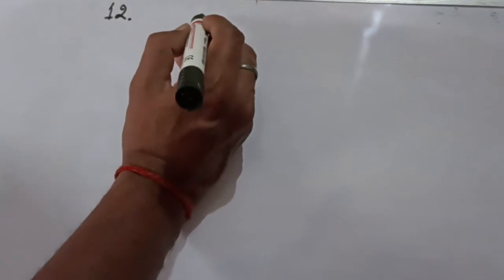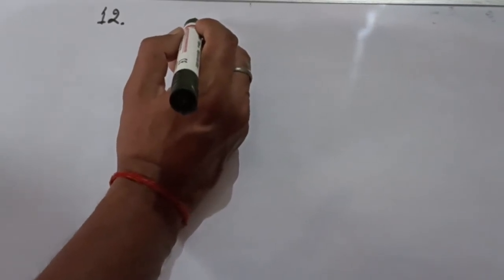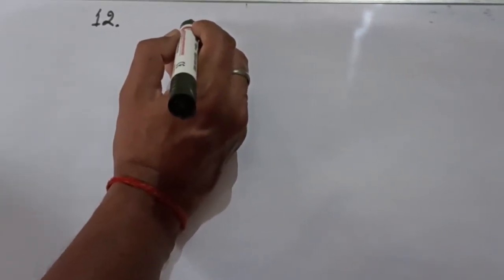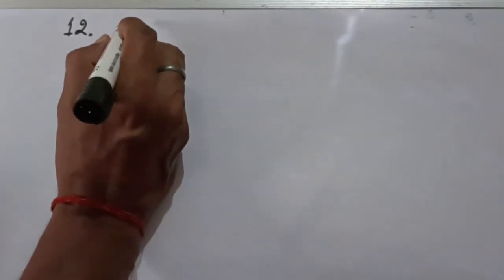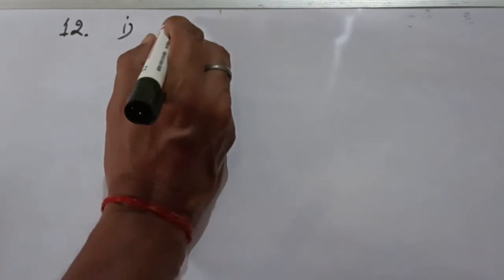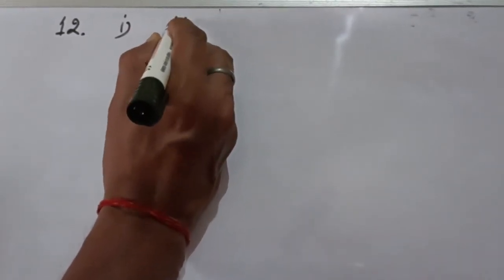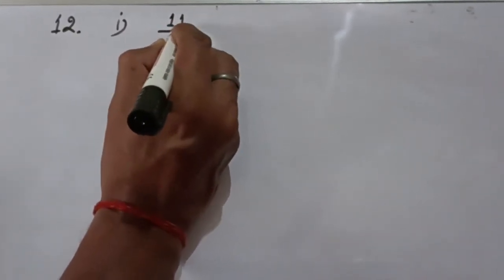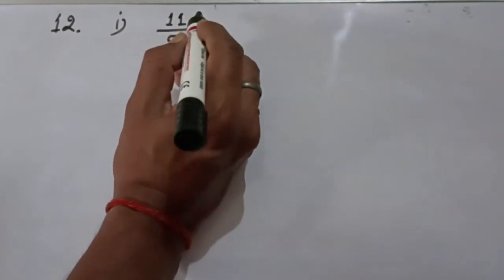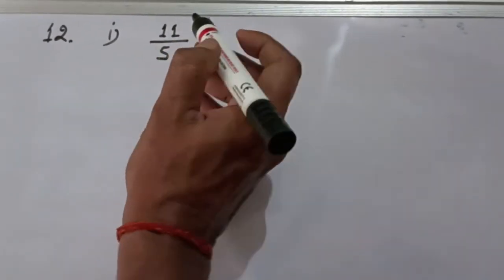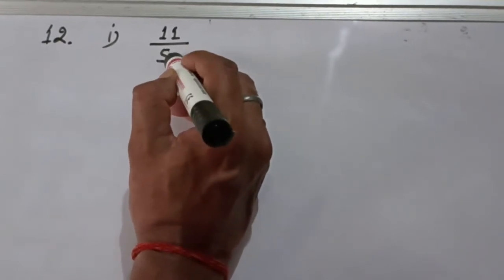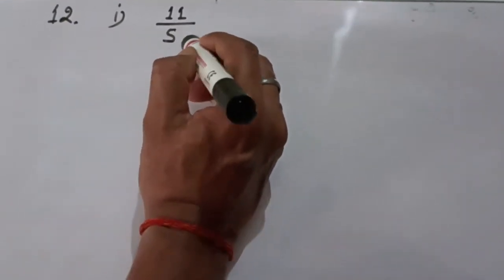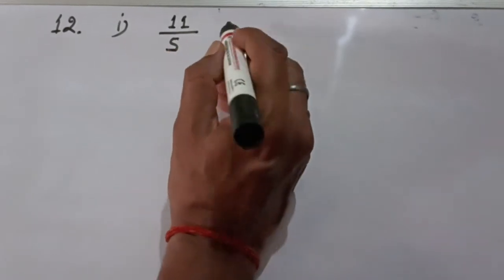Now question number 12. Convert the following fractions to decimals by changing the denominator to 10 or multiples of 10. First, 11 by 5. You see, you have to convert this denominator to 10 or 100.